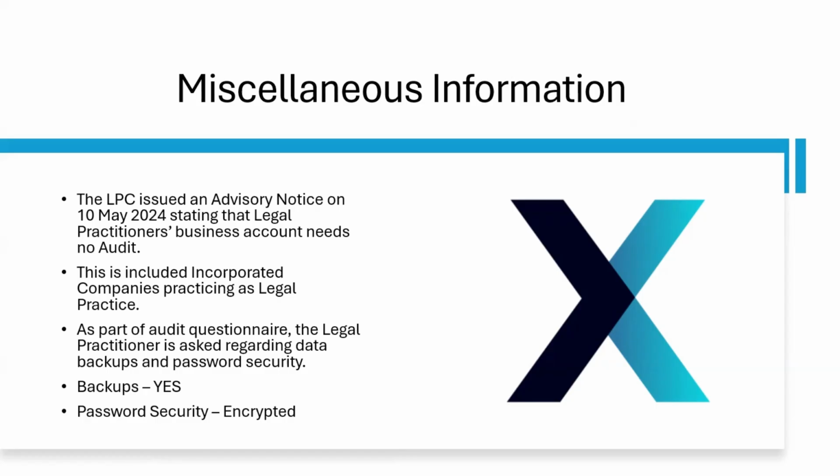We need to make sure, according to the LPC's Act and rules, that the moment I'm using my business account for money on behalf of a client, expenses, couriers, sheriffs, whatever the case may be, we need to process that, and that needs to be part of the transactions, because that forms part of the creditor's balance at the end of the day, where a transfer journal or money was transferred from trust to business. So we need to make sure that we do process that as well.